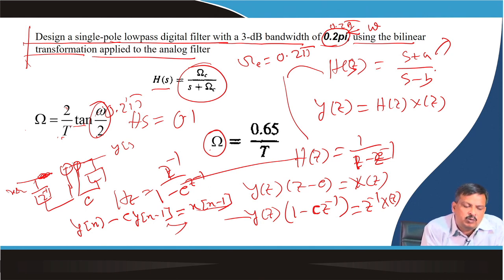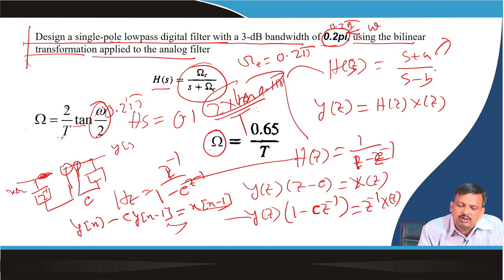So, it is 2 by T tan 0.1 pi, so 2 into tan 0.1 pi divided by T. This value is 0.65 over T. Once I get this omega value, what can I do? What is required?